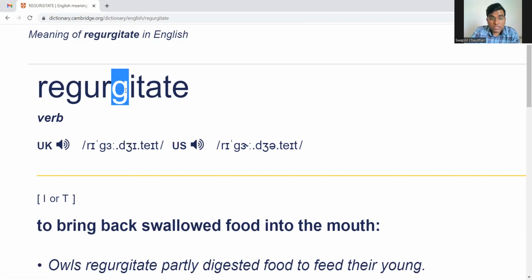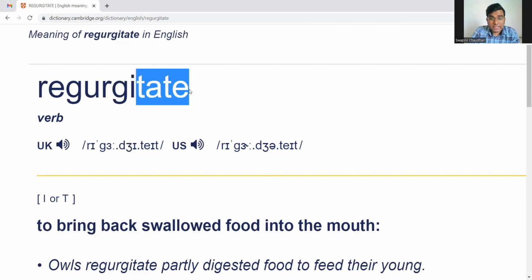Now you can see this is the j sound. This is the g sound, and this is the j sound. So same word, same letters representing two different sounds, right? So now with the help of the phonemic script, I know this is the G sound, and then this is tate.